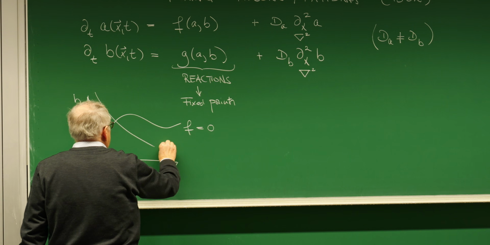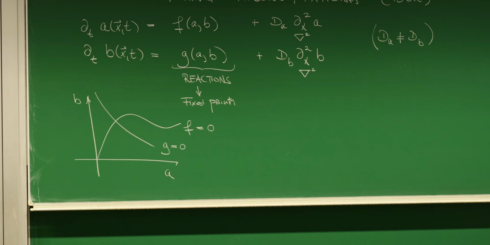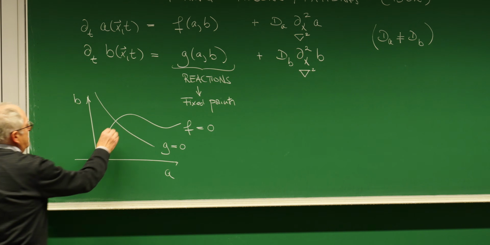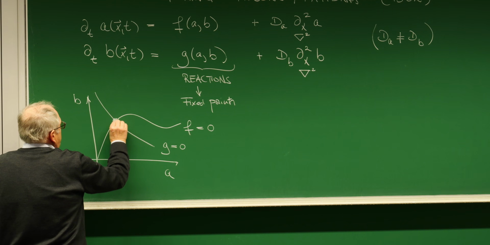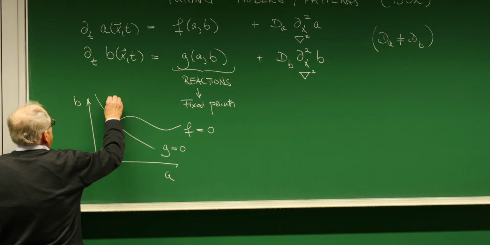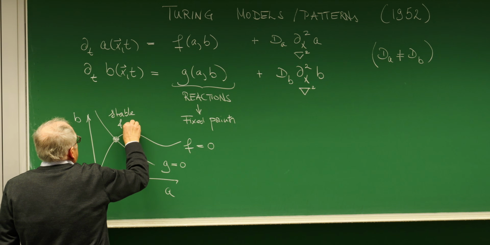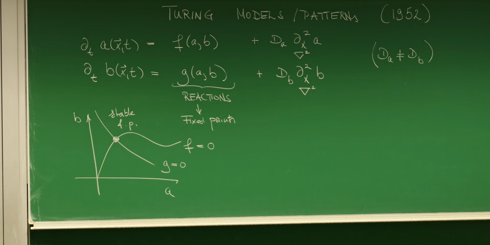And let's say this is g equal to 0. Then you see reactions alone, they will pin you down to a fixed point like so. And assuming now this fixed point is stable. Right. That's an assumption. It doesn't have to be. It's also not the only case that you can have.